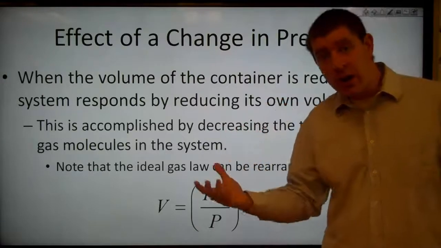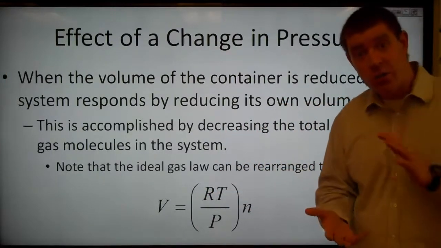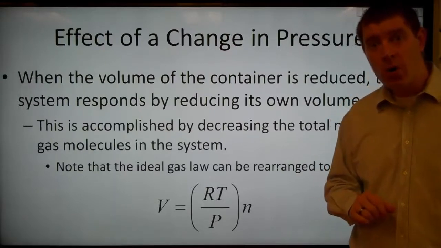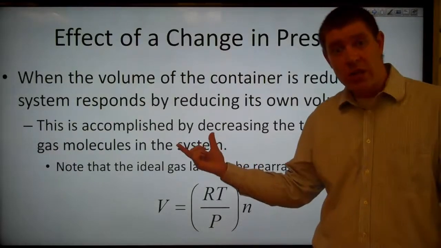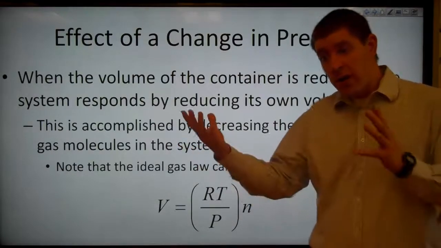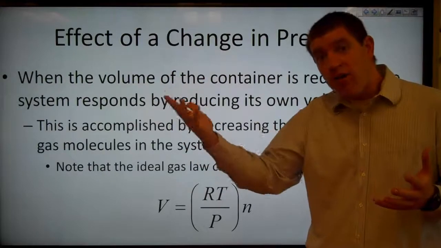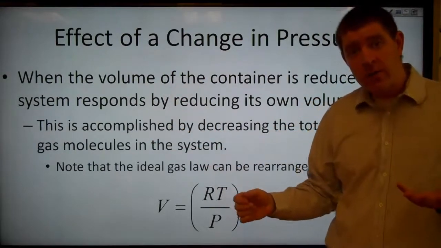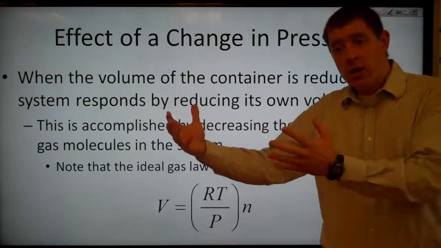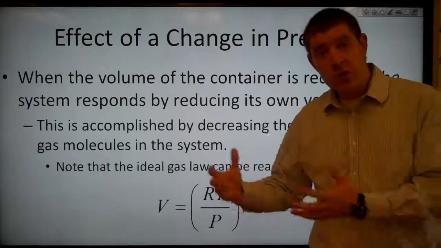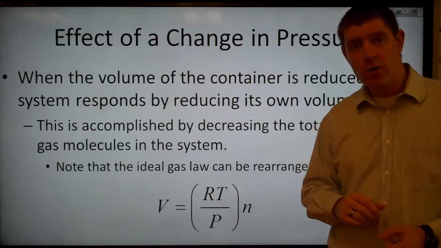Because liquids and solids usually have much higher densities than gases do, they have much smaller volumes per mole, so they have much smaller molar volumes. They can essentially be ignored. So if you have some reaction that turns, say, 5 moles of gas into 3 moles of gas, if you decrease the volume, so you increase the pressure, the system will then shift to the right, because it's going to shift towards the side with fewer moles of gas molecules.